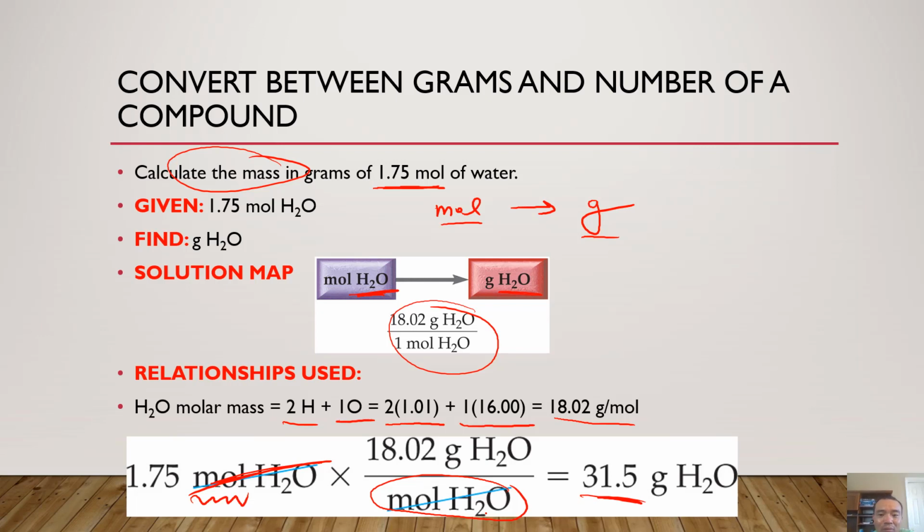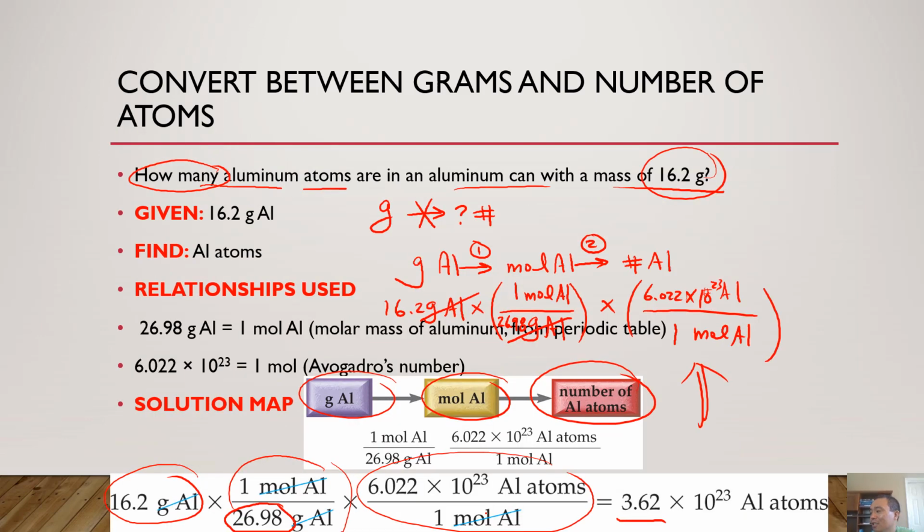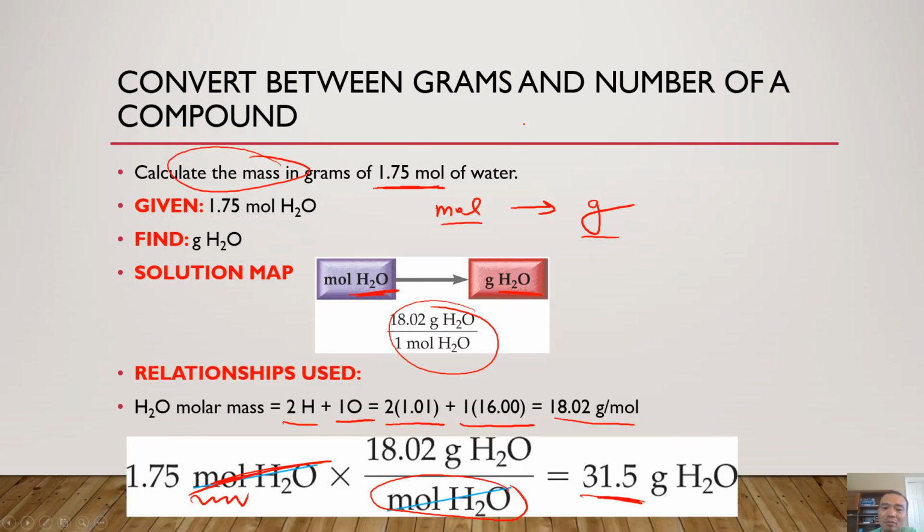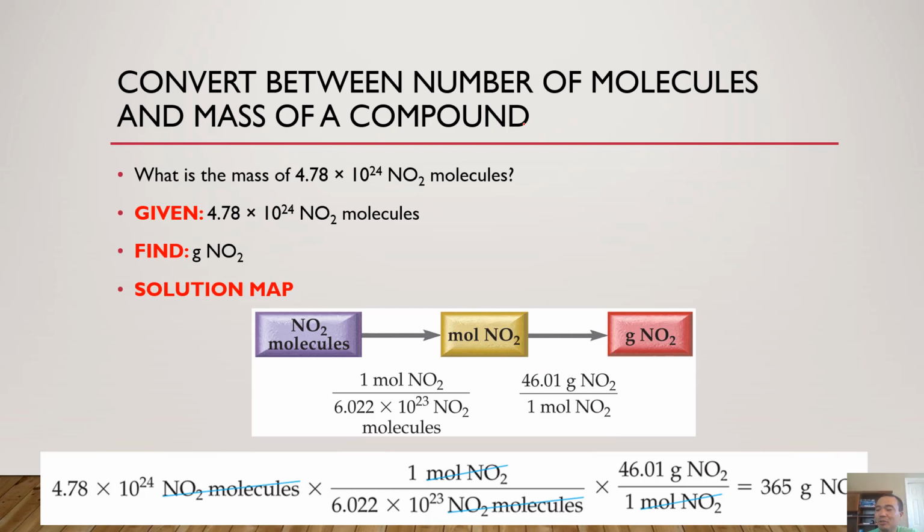another example, a multi-step example. Previously, we learned how to convert grams to a number using mole as the intermediate. Right, that's the whole procedure. Now we're going to tell you the opposite procedure. Can you convert a certain number to the mass?